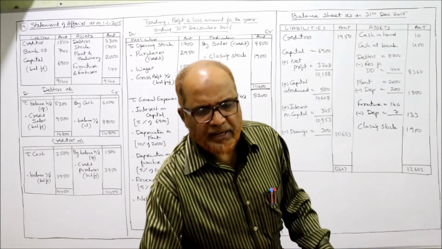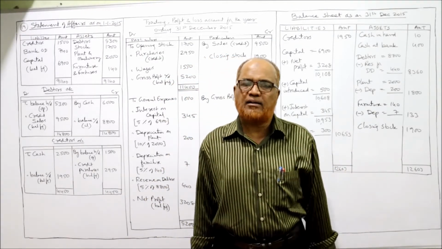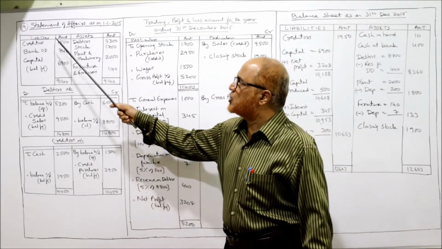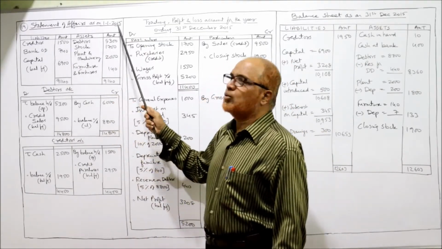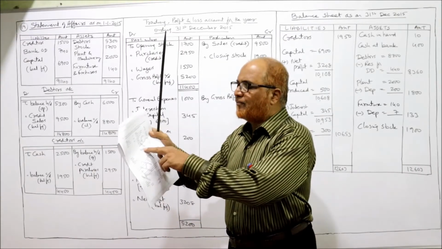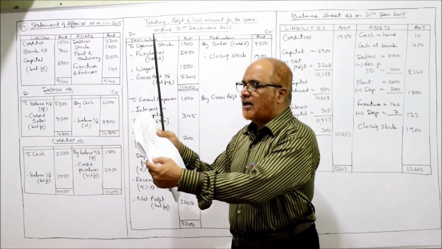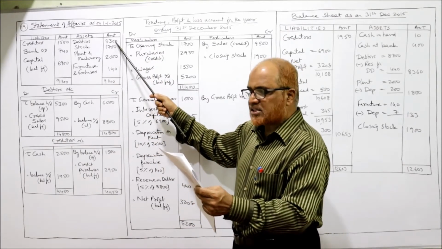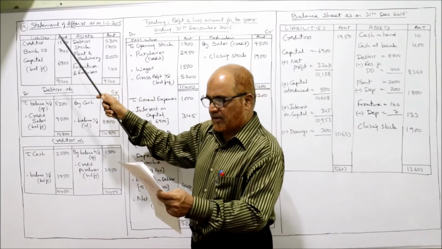First of all, opening capital is already given, 6,900. But to be on the safer side, we make the opening balance sheet, the statement of affairs on 1st January 2015. On the asset side, you can see in the problem, 1st January 2015: debtors are 5,300. Then creditors are 1,500.